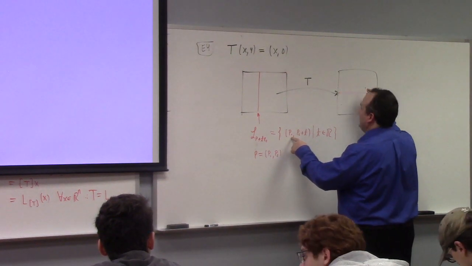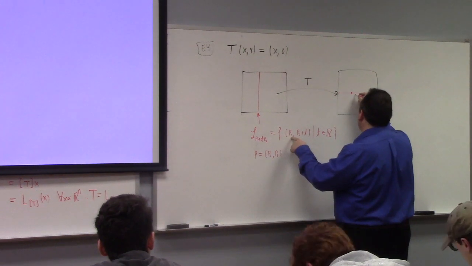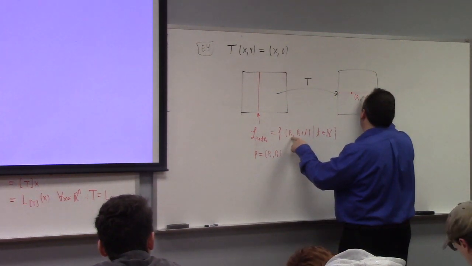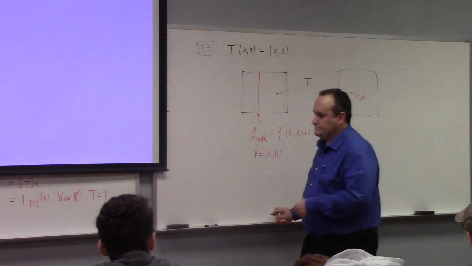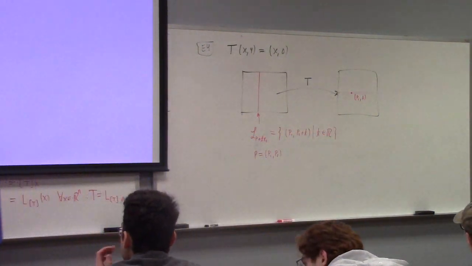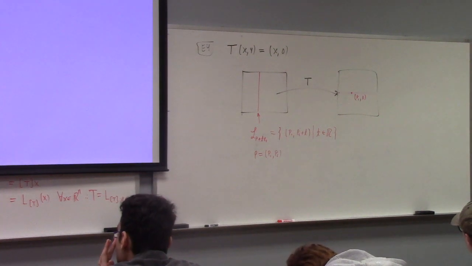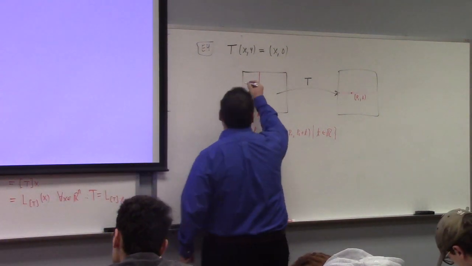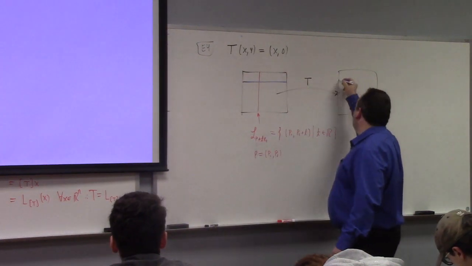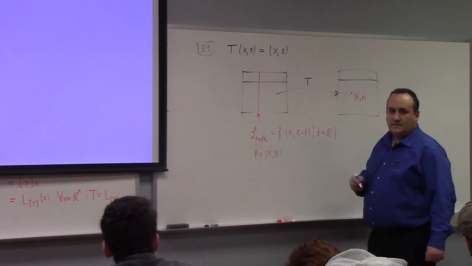I don't mean to say that line. I mean to say just the single point (P1, 0). On the other hand, if you had a horizontal line like this one, it would just map to itself under this T.